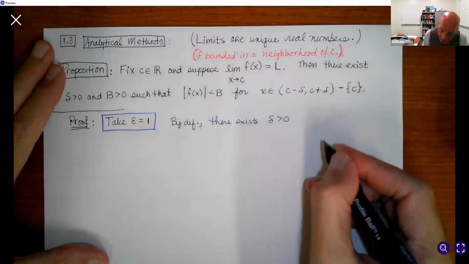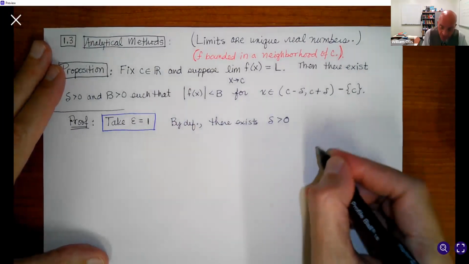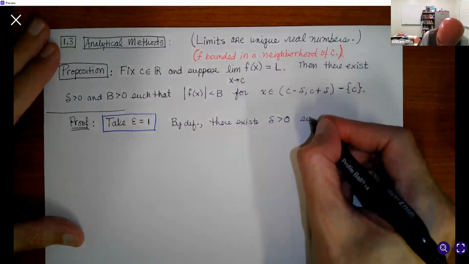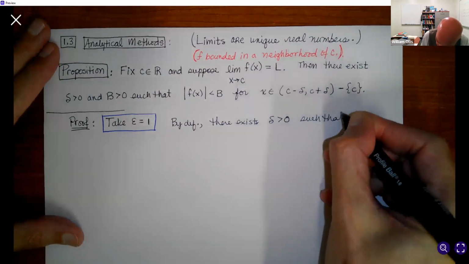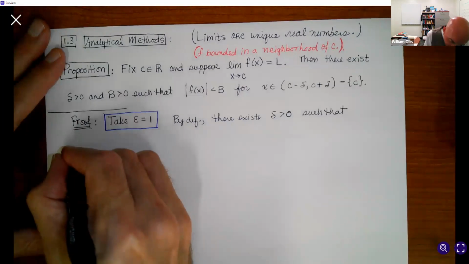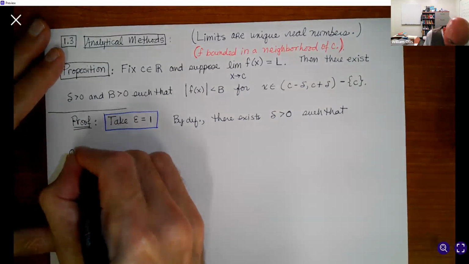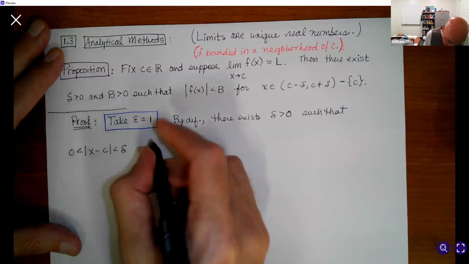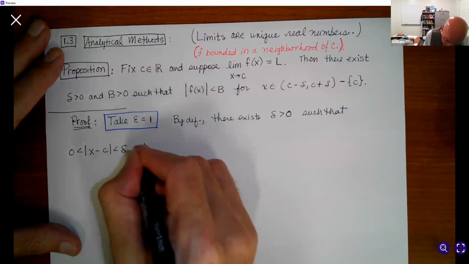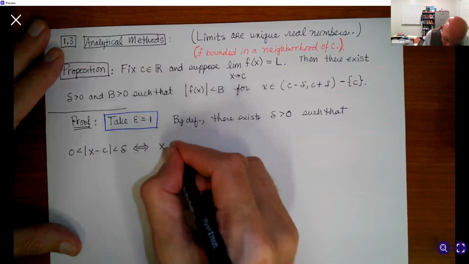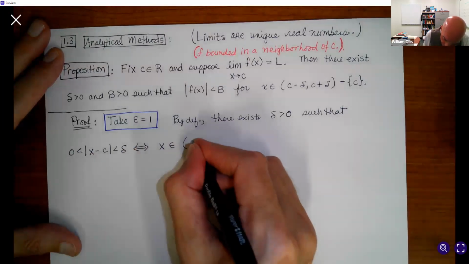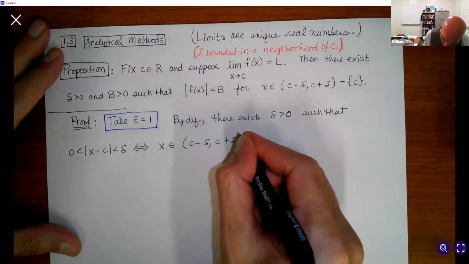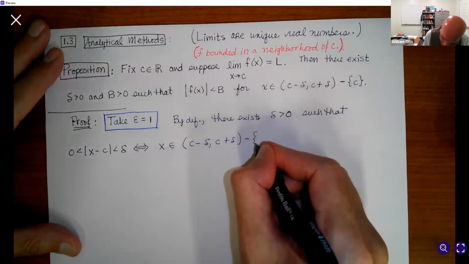Because we know the limit exists, if you give me an epsilon, then I can find a delta. There exists a delta positive such that, in this case, 0 < |x - c| < delta, which basically says x is an element of (c - delta, c + delta), minus c.